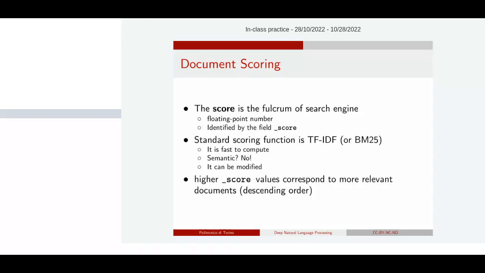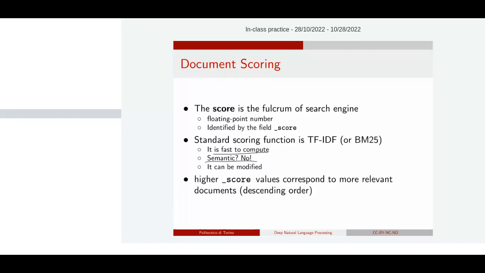The standard scoring function is TF-IDF or BM25. I think you have seen this with Professor Pagliero also in other courses. They use the syntax of the document to match some words, and so to compute how relevant a query is to a document. Is it semantic? No. Is it fast to compute? Yes, but it can be modified. So we can define our personalized scoring function.